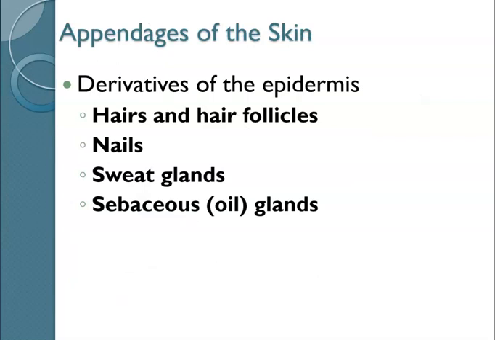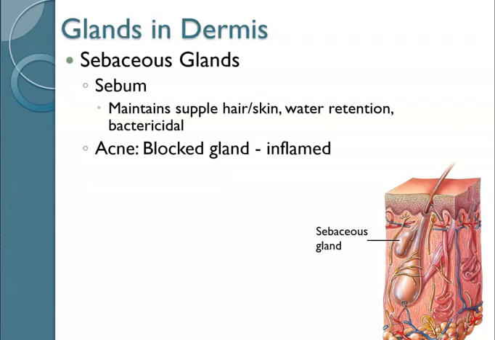In terms of derivatives of epidermis, we have hair follicles, nails, sweat glands, the sudoriferous glands, and then sebaceous glands. These are all derivatives of epidermis. So we'll look at the glands next. We have sebaceous glands. Sebum is an oily substance, like the natural moisturizer of our skin.